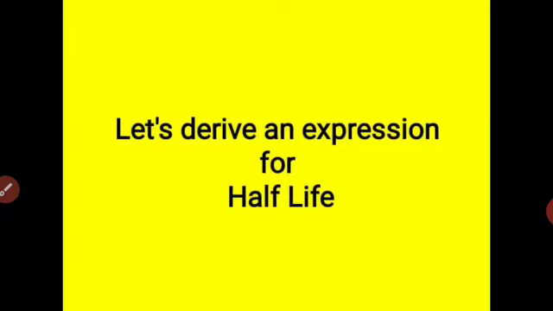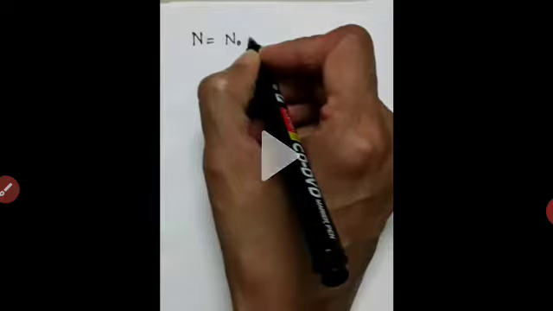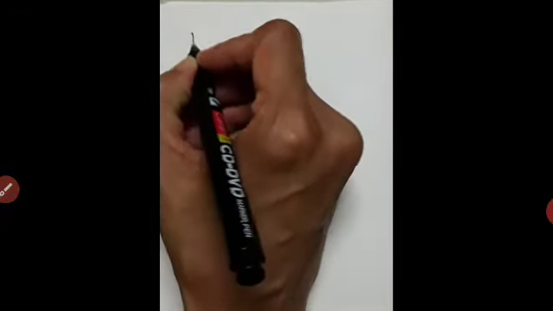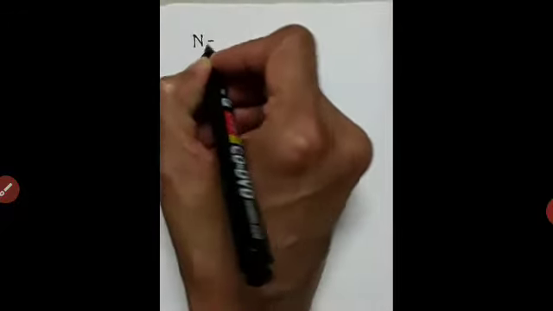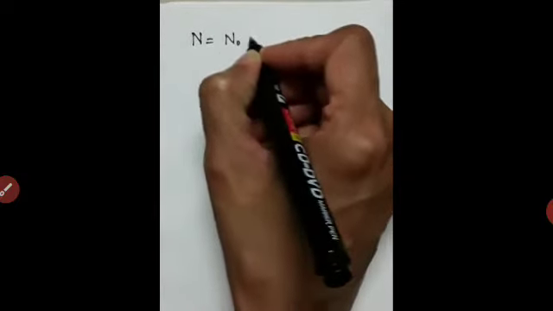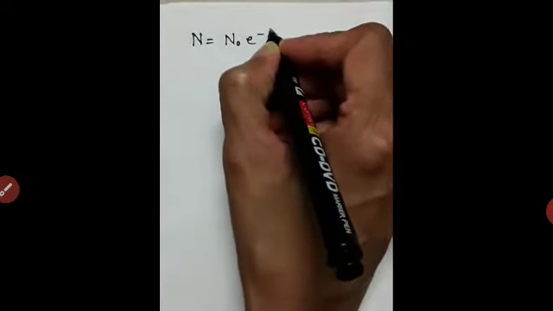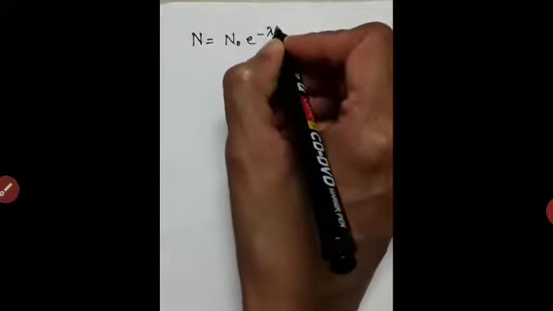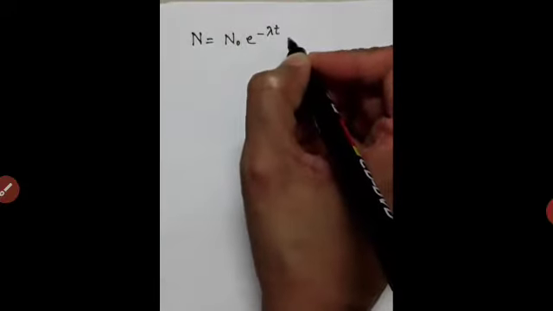Let us now derive an expression for this half-life. We start with the formula for the number of nuclei that remains undecayed in the radioactive sample. It is given by N equals N naught e raised to the power minus lambda t.